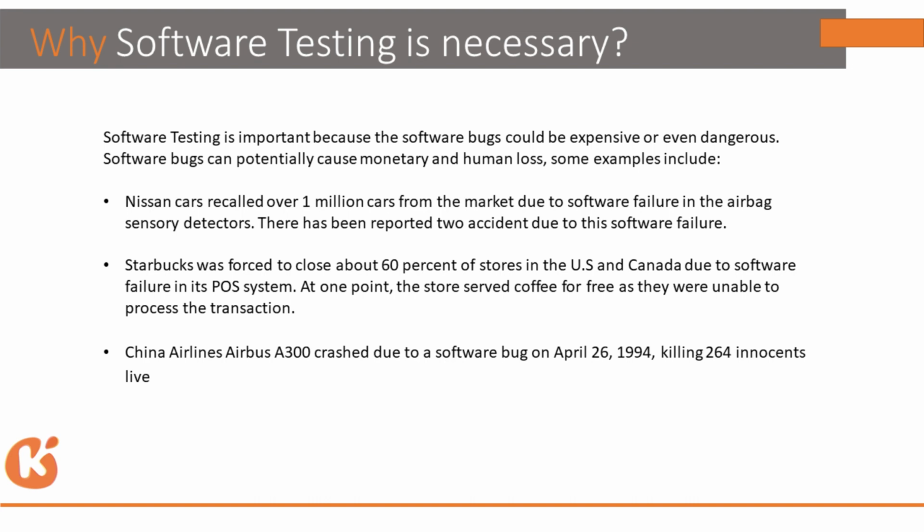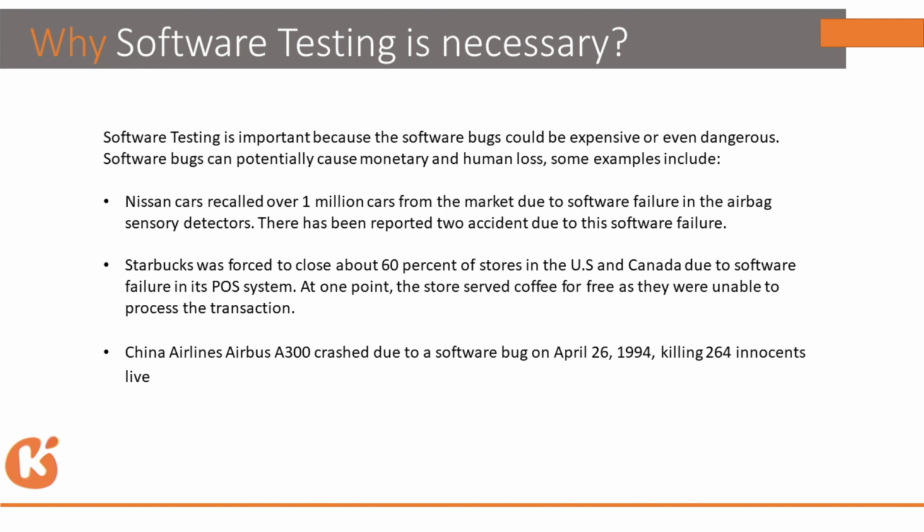So let's see a few examples of how a bug can lead to financial losses or human losses or data losses as well, right? Let's take an example of an e-commerce website named amazon.com, and suppose the payment gateway of the Amazon website is not working. A payment gateway is an interface where a user fills in details such as credit card or debit card details to make an order, right?